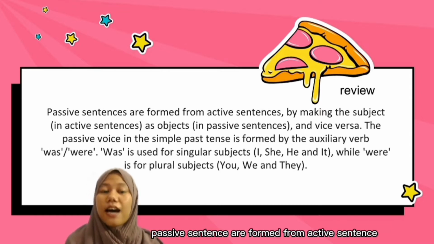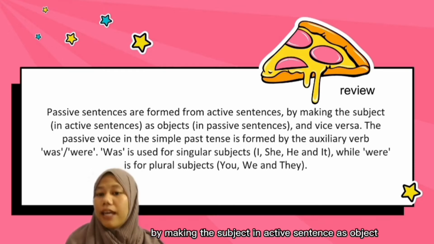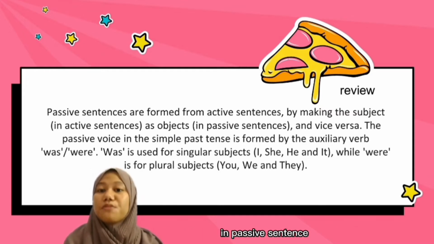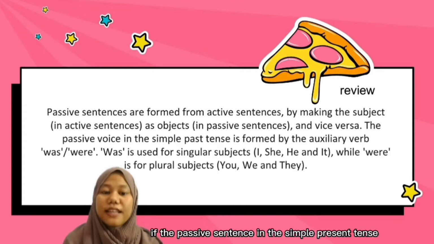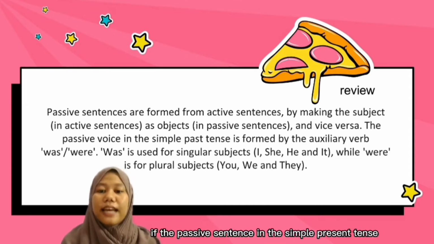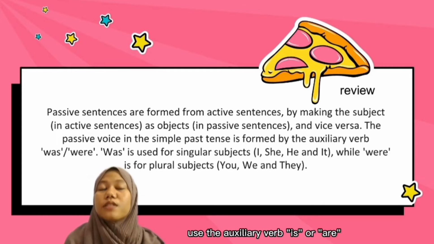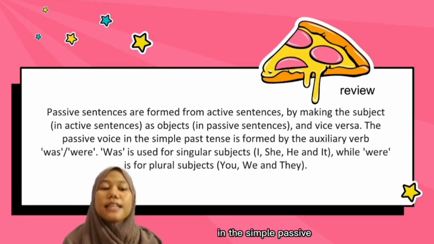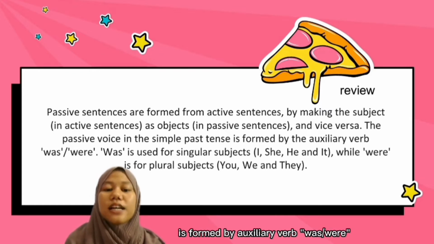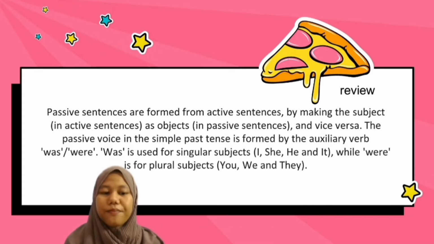Passive sentences are formed from active sentences by making the subject in the active sentence the object in the passive sentence and vice versa. If the passive sentence in the simple present tense uses the auxiliary verb is or are, different from that, the passive voice in the simple past tense is formed by the auxiliary verb was or were.